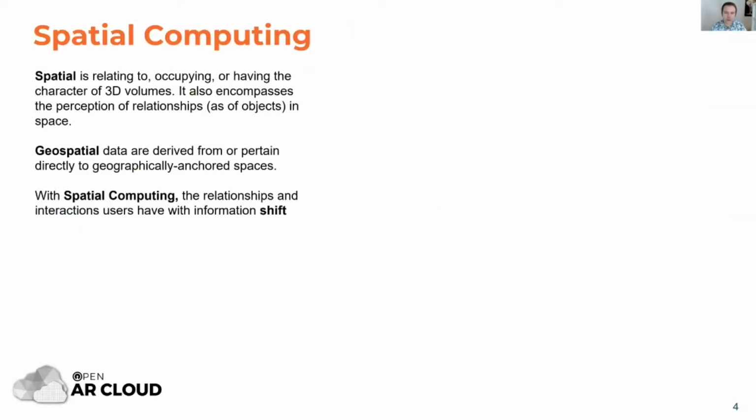Spatial computing is a little bit different. So this is computing that relates to the physical volumes and the objects within it and how they relate to the space. You have also, importantly, a geospatial aspect where we can relate those objects and the phenomena in the real world to geospatially anchored locations and places.